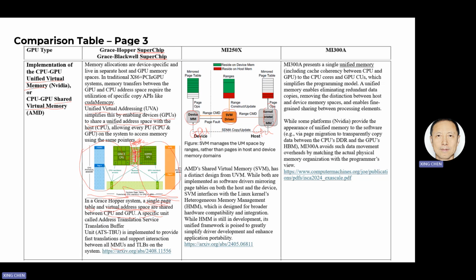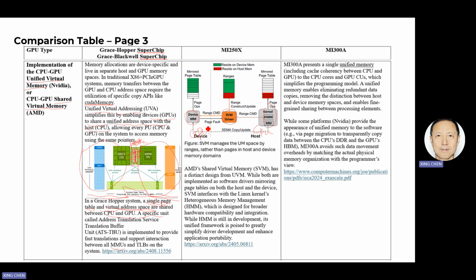Now, this is not the right word for the AMD system. What I'm trying to say is that you are going to have a shared virtual memory between the CPU and the GPU. And it's shared, both the CPU and the GPU will use this shared virtual memory and the page table to do the virtual address to physical address translation.